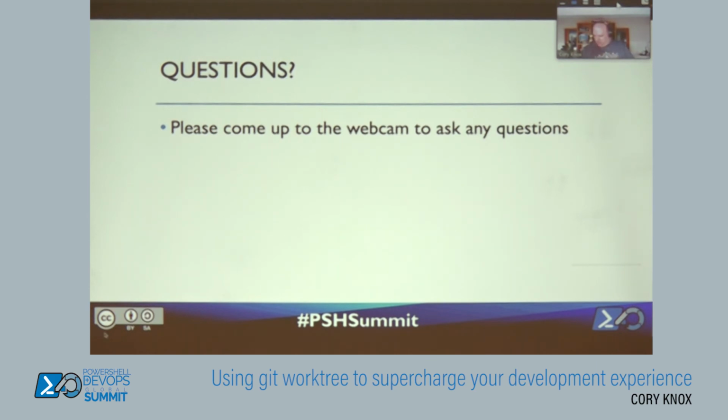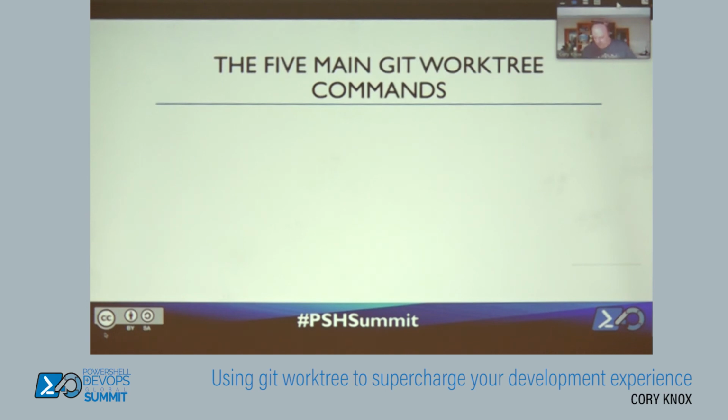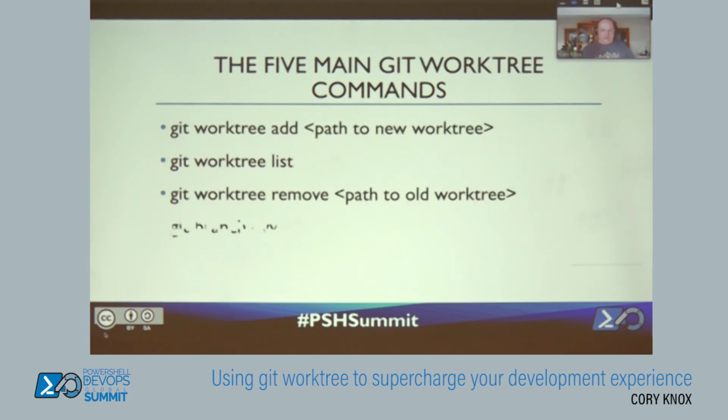So let me put this slide back up for a minute just to go over again the five main commands. It was four when I was first doing this, and about three times through I realized that I wrote the word five at the top and only put four lists on.